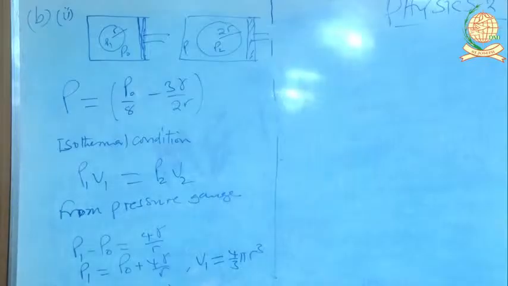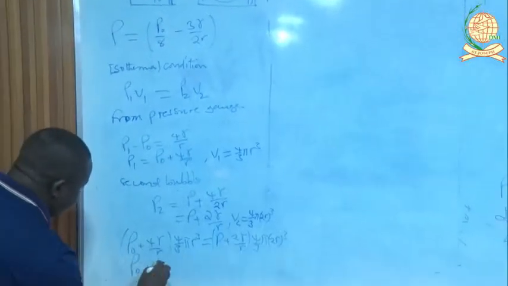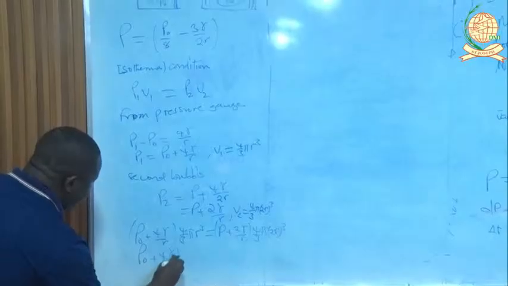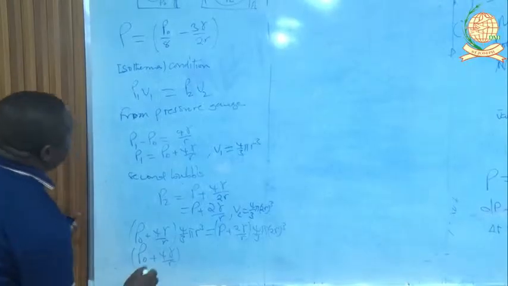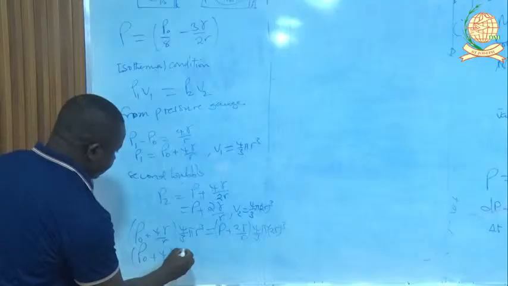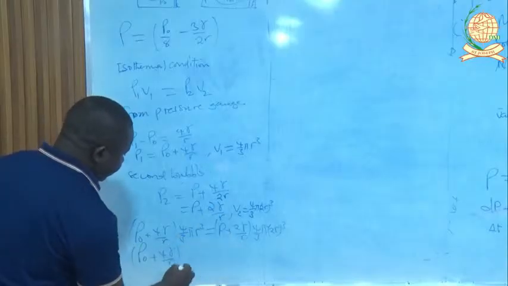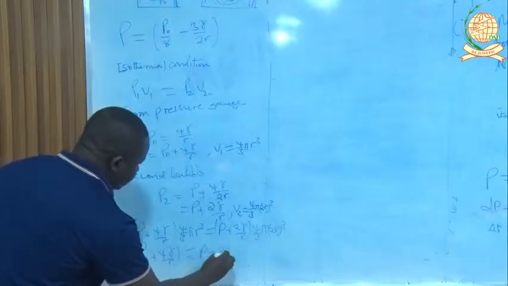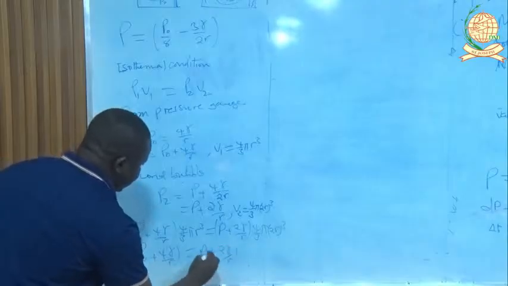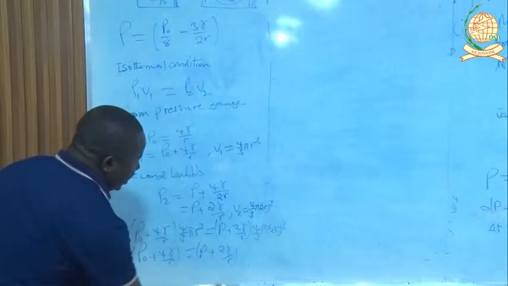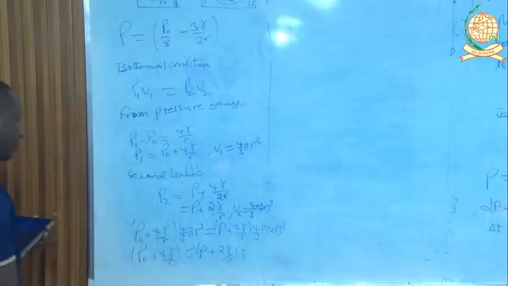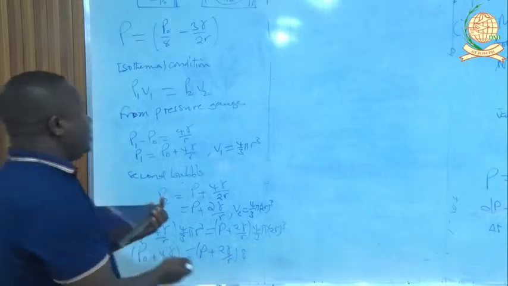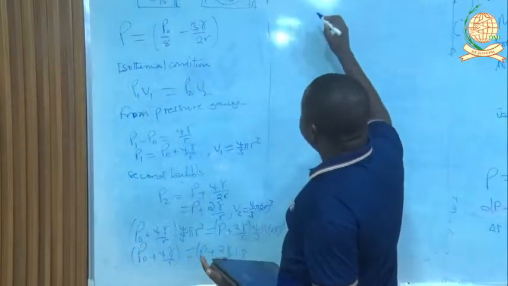So all this pi R will cancel out. We'll have P0 plus 4 gamma over R, bracket, equals P plus 2 gamma over R, then what remains is just 8. So divide by 8 each side.